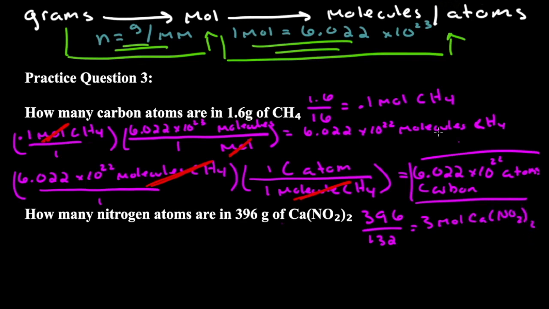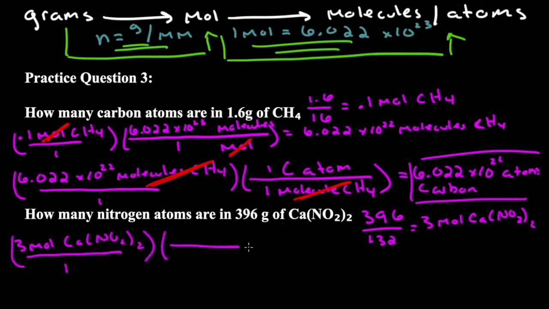And so now what we're going to do is go from moles to molecules, and I'm going to use Avogadro's number. I'm going to say that I have 3 moles of Ca, and then I have NO2, and I have 2 of them. I'll put that over 1, and I'm going to use Avogadro's number to say that for every 1 mole of this that I have, 6.022 times 10 to the 23rd power, and that's going to be molecules of that chemical.